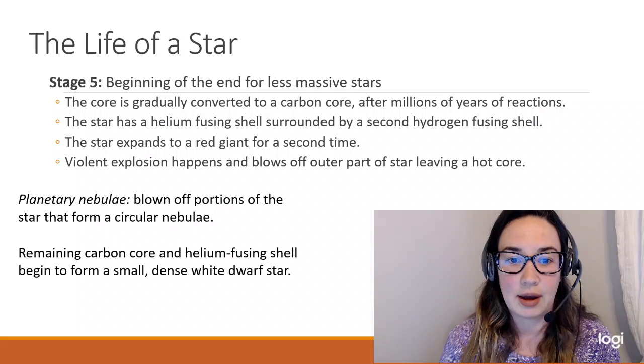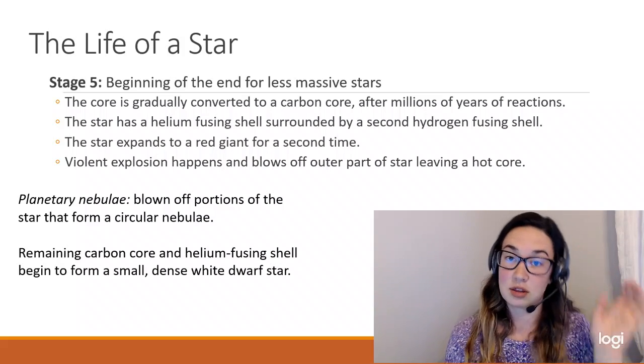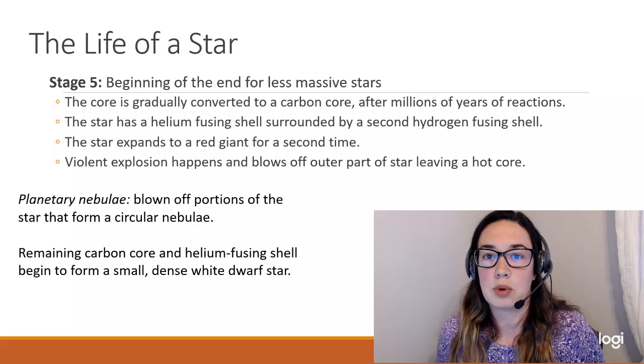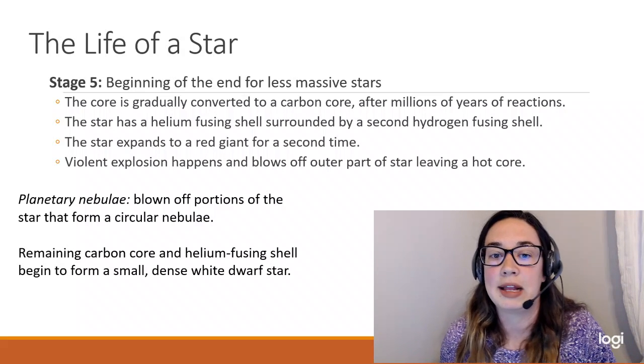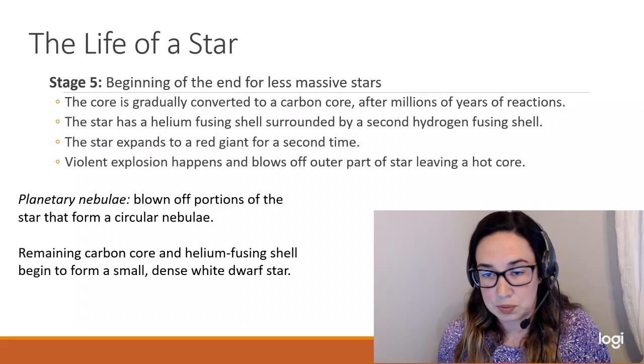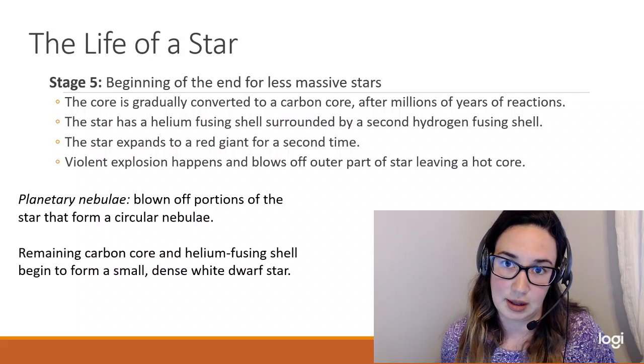I have a definition here. That blown off portion of our star, the part of the star that exploded off, is what we refer to as a planetary nebula. So that's basically those blown off portions that form just a circular nebula.